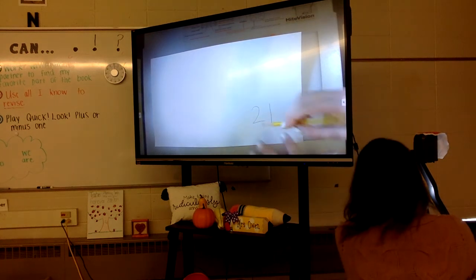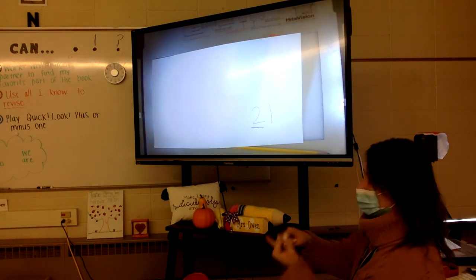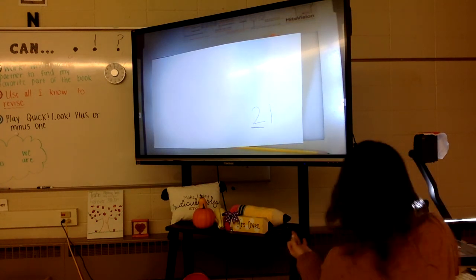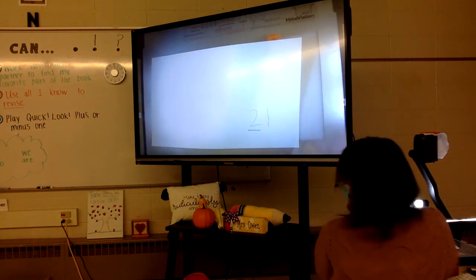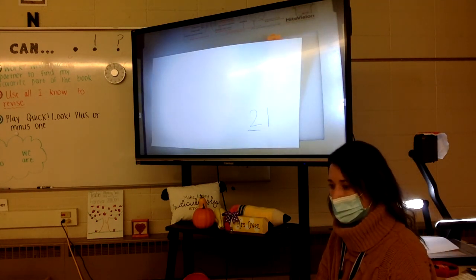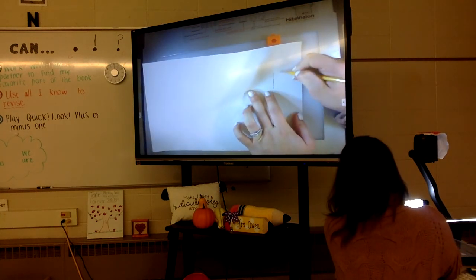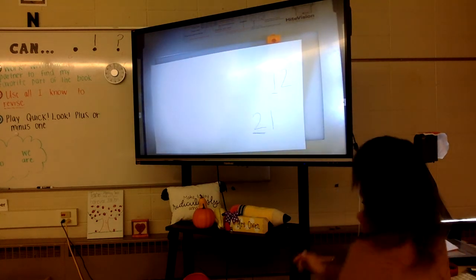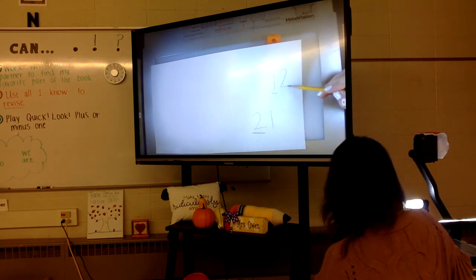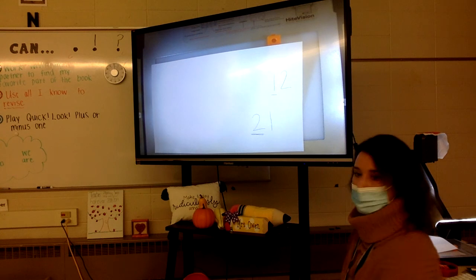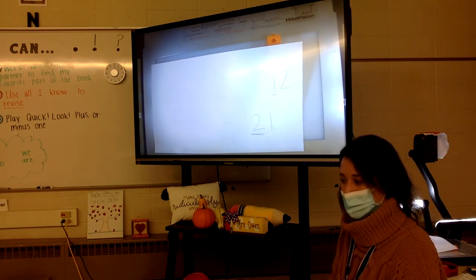We know that's not right because it's telling us there's 2 groups of 10. 10, 20, and 1 extra 1 would be 21. How do we make the number 12? Madison. A 1 and then a 2, because we only have 1 group of 10. 10, and then 11, 12. So don't mess that up, because that's a whole different number, right?